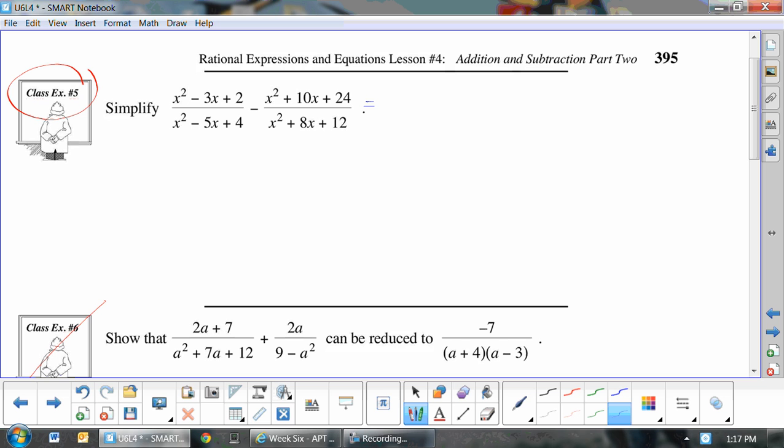Yeah, Lucas? Yeah, factor it all, top and bottom, right? So let's go. X minus 1, x plus 2. And on the bottom we have x minus 1, x minus 4. Okay, so everyone should be completely quiet. Okay, so what's the question?